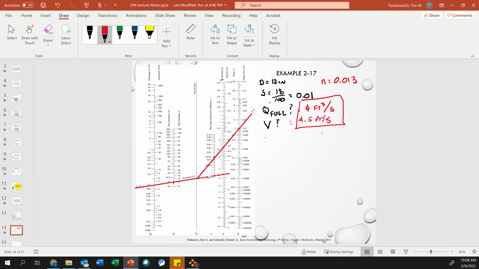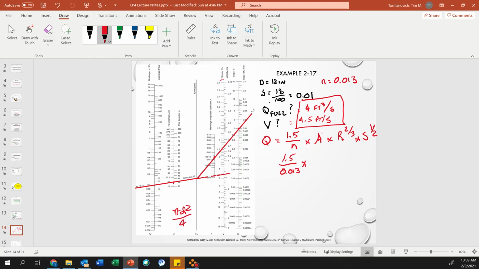Now we know Q equals 1.5 divided by n times cross-sectional flow area times hydraulic radius raised to the 2/3 times slope to the 1/2. So 1.5 divided by n, which is 0.013, times the cross-sectional area of flow. That is pi d squared over 4, the area of a pipe when it's full.